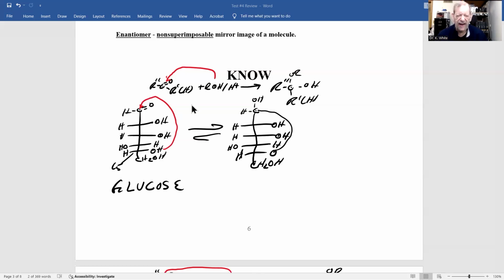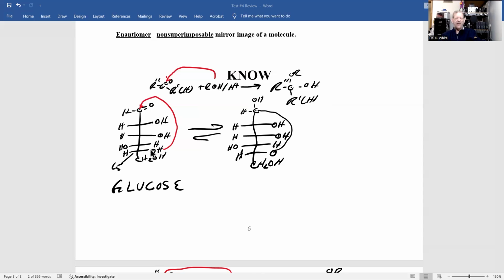Now, two reactions I even have here, know this. If you take an aldehyde or ketone and react it with an alcohol and acid, you'll get a hemiacetal. Well, here, when two functional groups are in the same molecule, they react better. So this is an equilibrium. You don't need the acid catalyst.